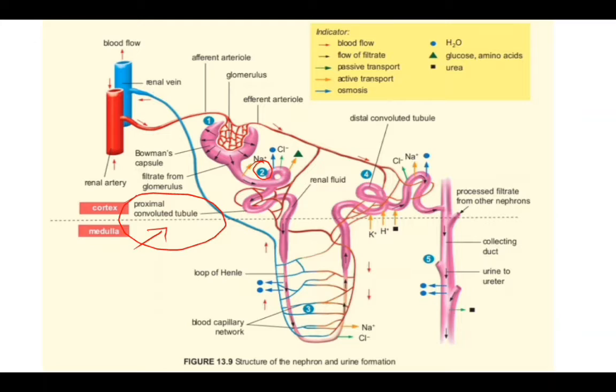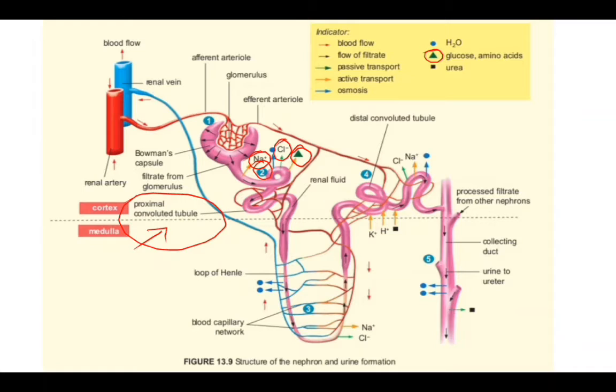sodium ion, nampak ni, this is sodium ion, is actively pumped into the blood capillary network, and chloride ion, here, chloride ion, is passively absorbed. Okay, the reabsorption of 100% glucose and amino acid also occurs through active transport. Di sini ya, glucose dengan amino acid.